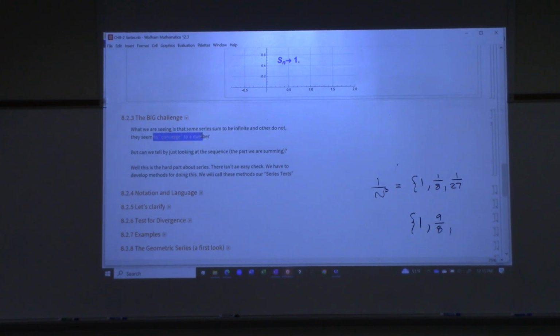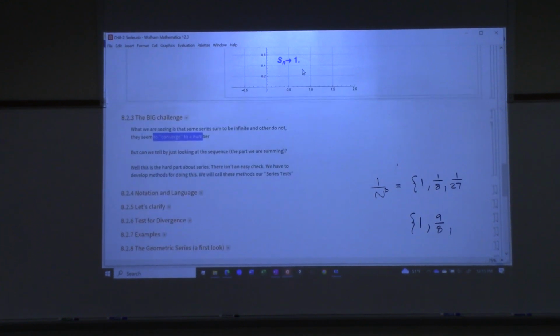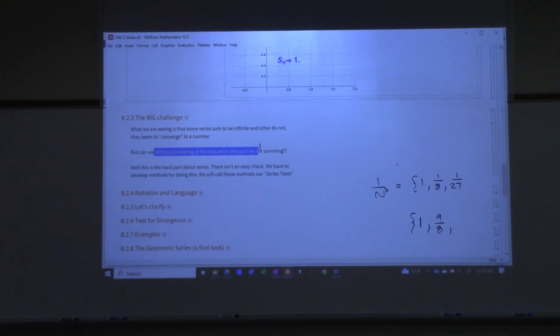They seem to converge to a number, like that last one, 1.20 something. But we cannot tell by just looking at the sequence. This is the hard part about this whole idea.